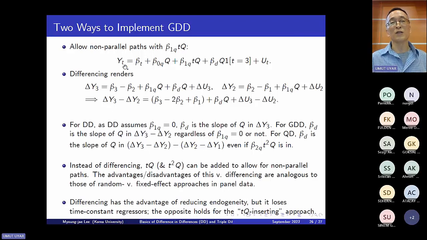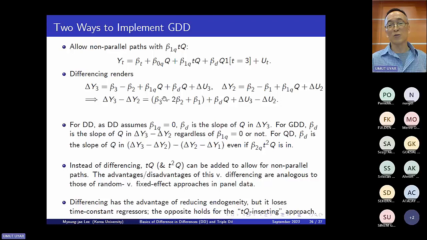If you difference this once, you can see that constants drop out, and this t times q becomes just q, and the treatment term becomes just this. And the differencing at time 2, it'll look like this.